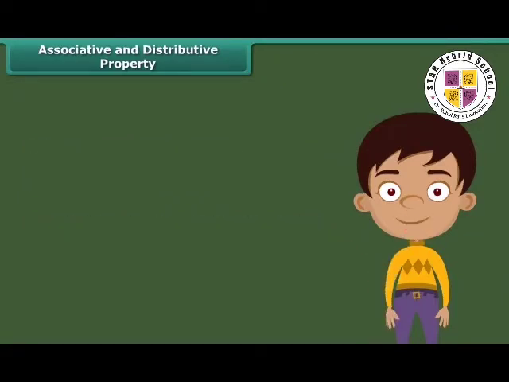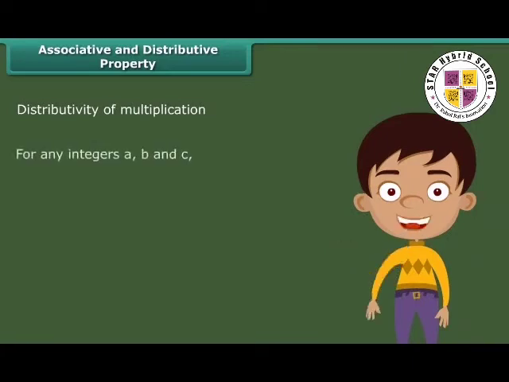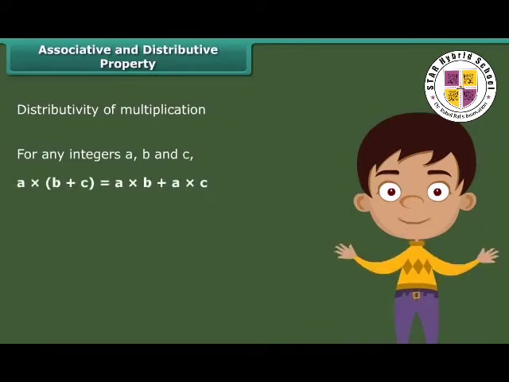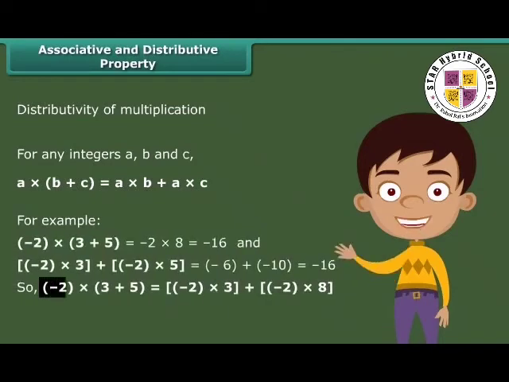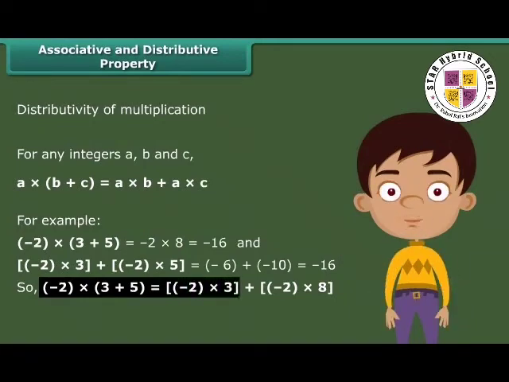Now let us move towards the distributive property of multiplication. For any integers a, b, and c, a into (b plus c) is equal to a into b plus a into c. For example, minus 2 into (3 plus 5) is equal to minus 2 into 3 plus minus 2 into 8.